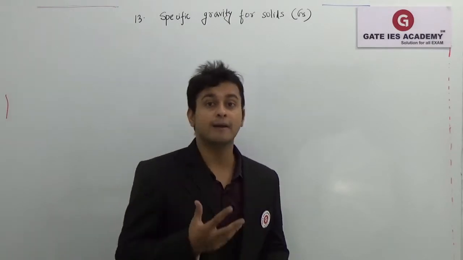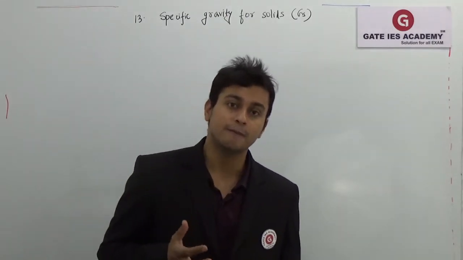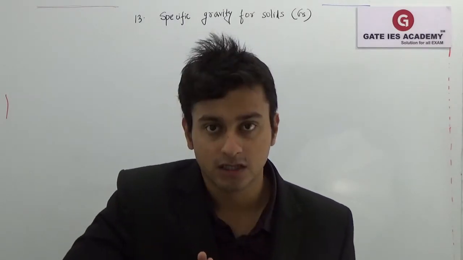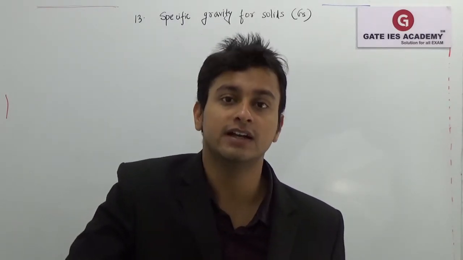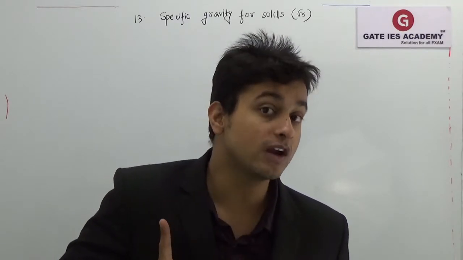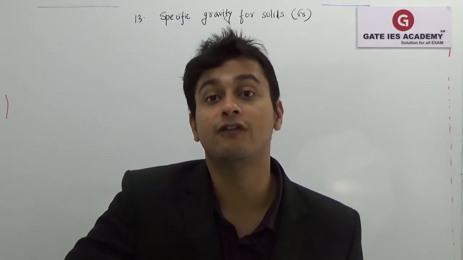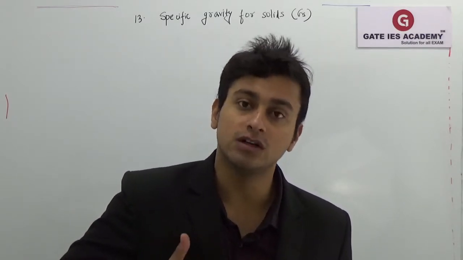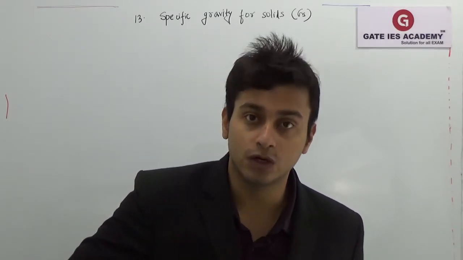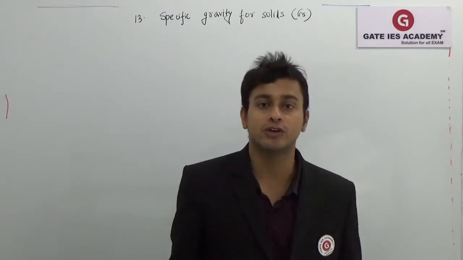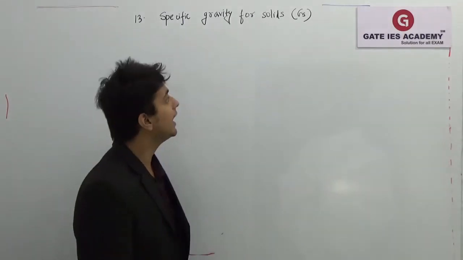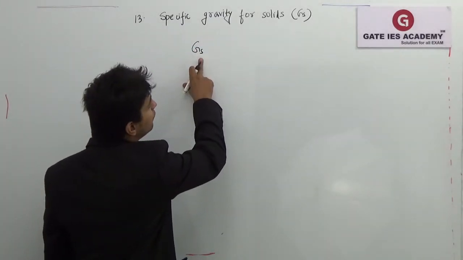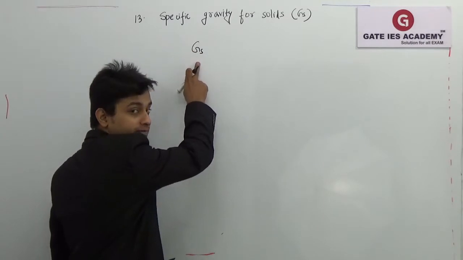Now, the word I am using here is reference material. Generally, we use as a reference whatever is fixed. We know very well that only one quantity has a fixed unit weight, and that is nothing but water. Water has a fixed unit weight equal to 9.81 kilonewton per meter cube. So if I say GS, that is nothing but the specific gravity of soil solids.